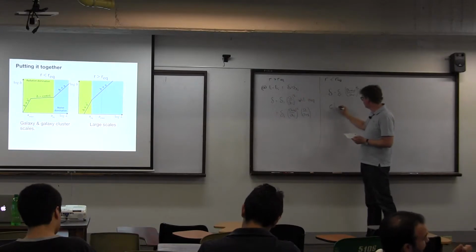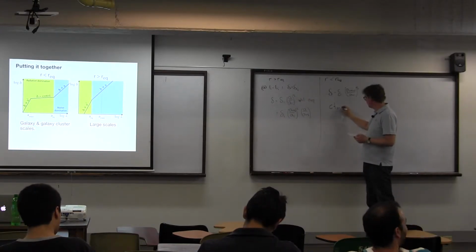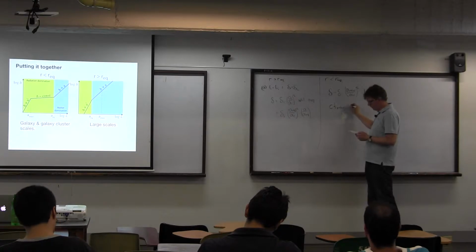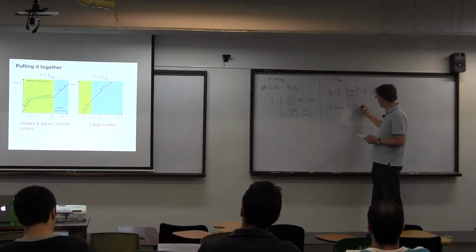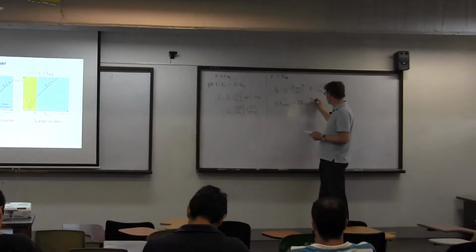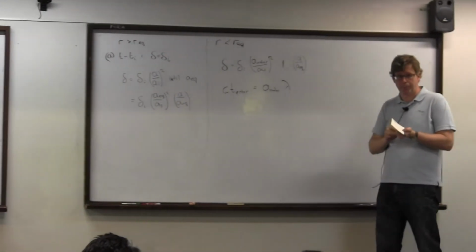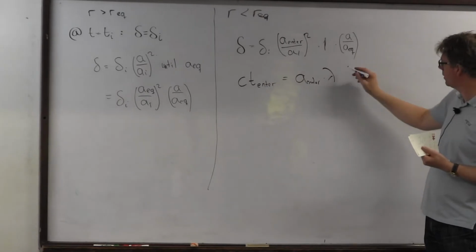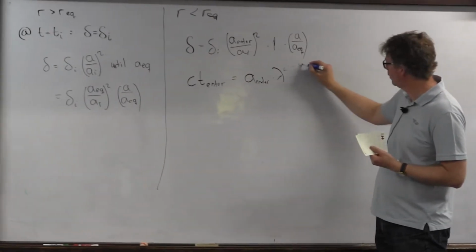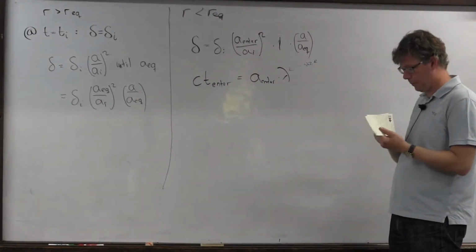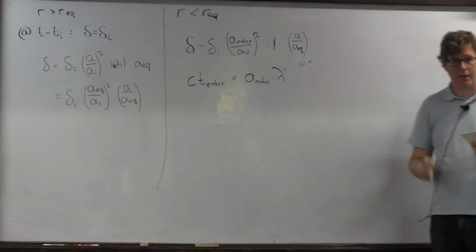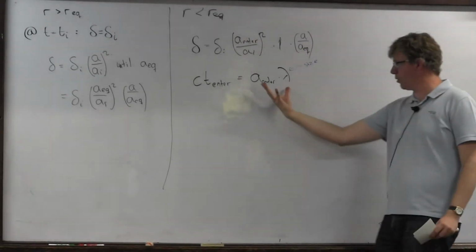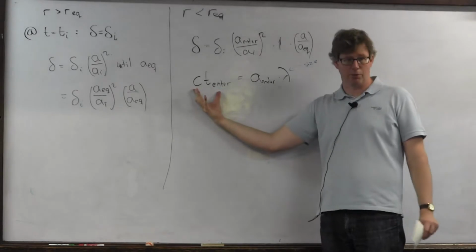And so at time of enter, my perturbation, which I'm going to say has the size lambda, that's the size of my perturbation, co-moving size. That's true because now the perturbation is the same size as the size of the horizon.